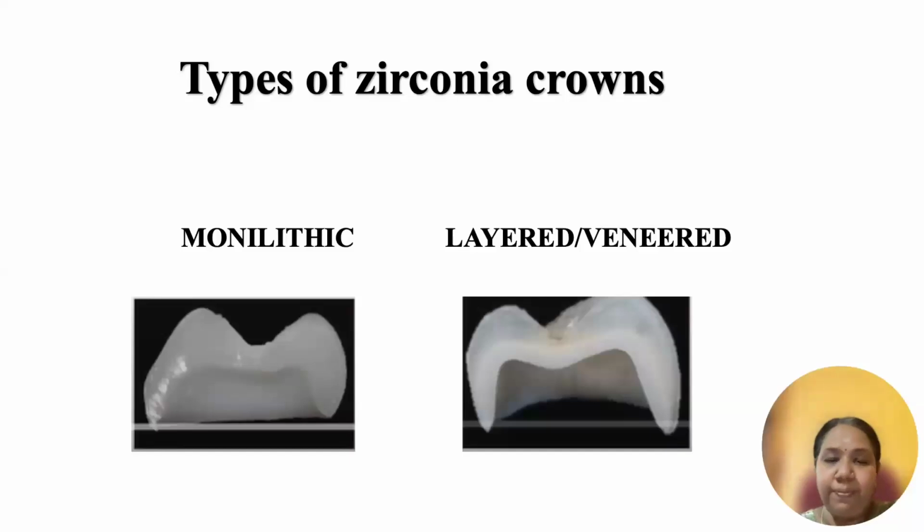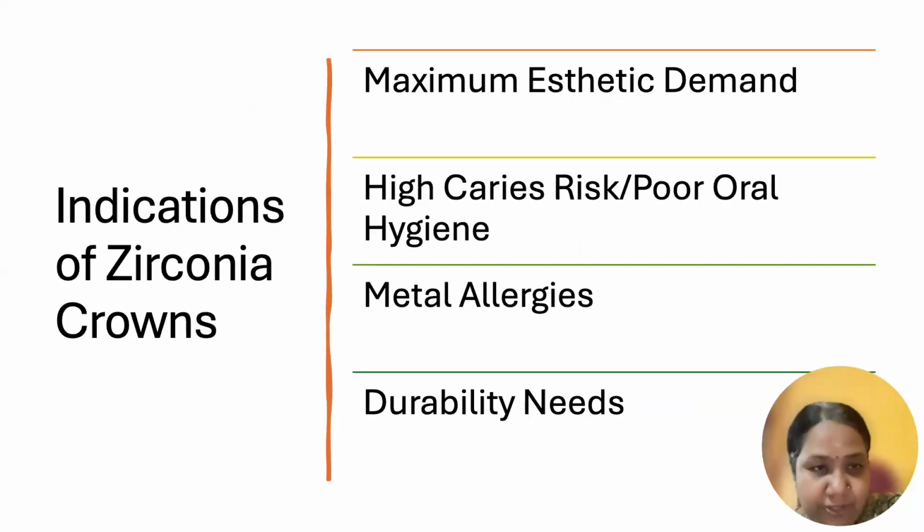So remember this: yttria-stabilized tetragonal zirconia polycrystal, 5Y-TZP. Please do remember this material. That is the one which is specifically used in pediatric dentistry, which has this unique feature of resisting crack propagation.